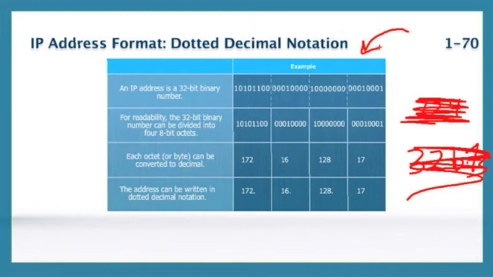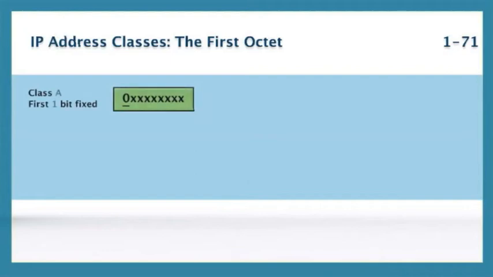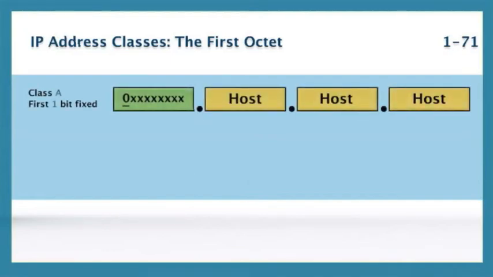Now, when they first invented IP, they created address classes. And they said, okay, this is how we're going to do this. We're going to create a Class A address space, and this Class A address space is going to be for huge networks.